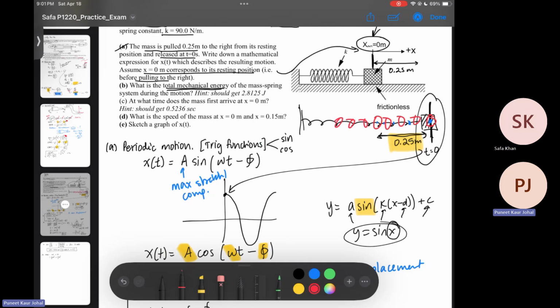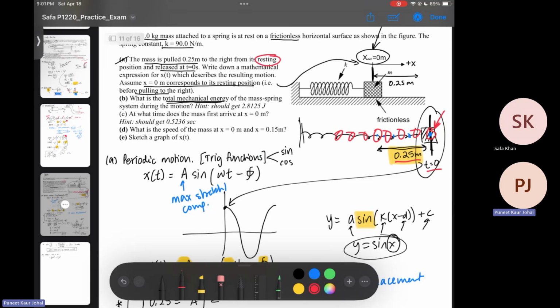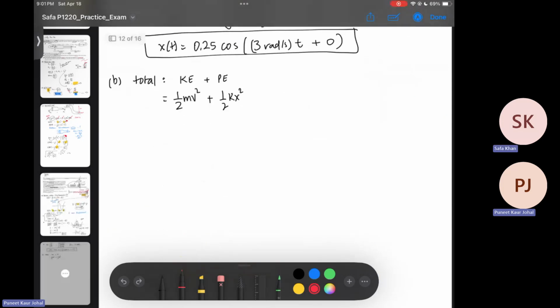According to the law of conservation of energy, energy is always conserved, same as Bernoulli's principle. I would choose to do it here because I know the most information about this point. I know the x value here, and because I'm holding it, it's resting, so the speed is going to be 0.